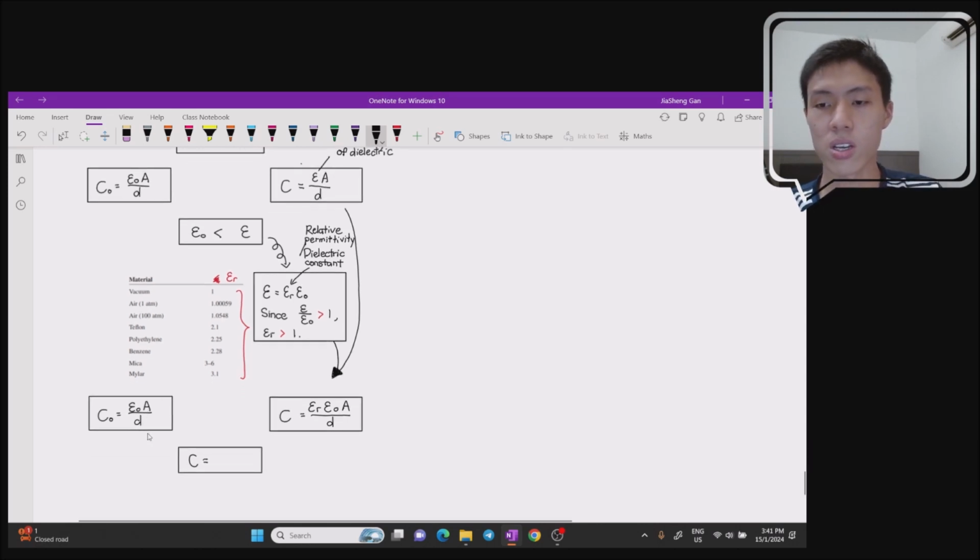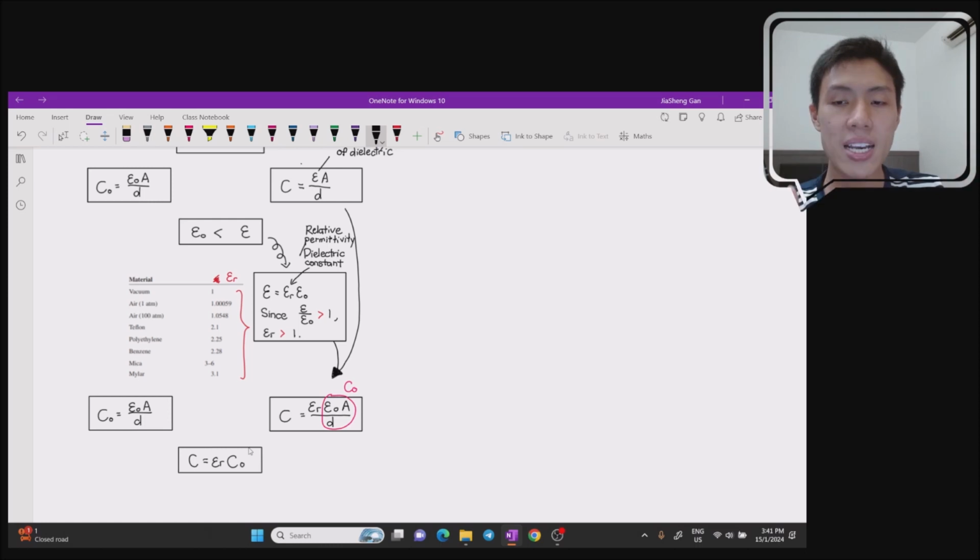From here, if we do a comparison, we'll see that epsilon naught A over d here is actually just C naught that we can see on the left, right? So we can combine these two equations and form a conclusion which says that C is epsilon r multiplied by C naught.